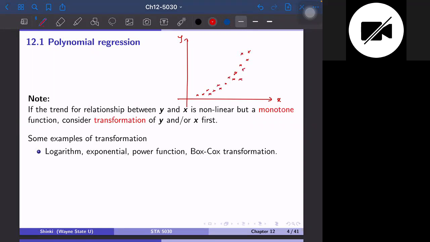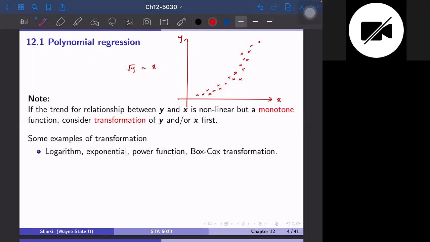In this case, rather than fitting a polynomial regression with degree 2, probably we can fit the square root of y on x.